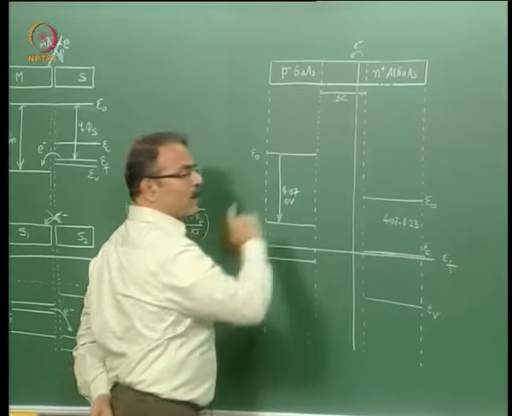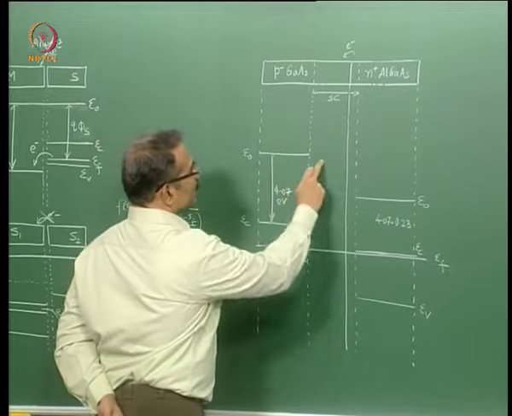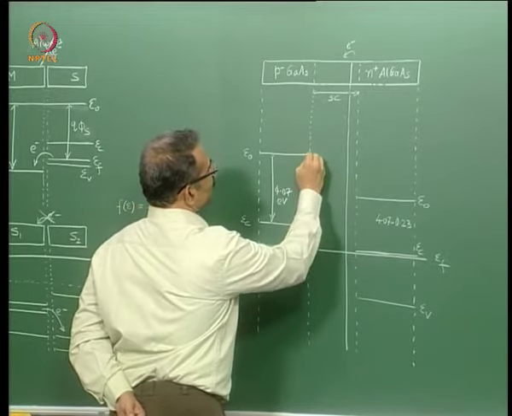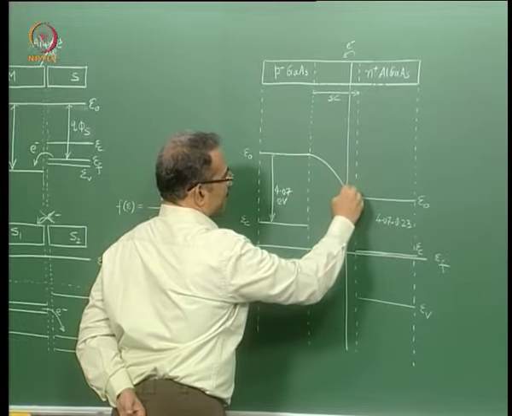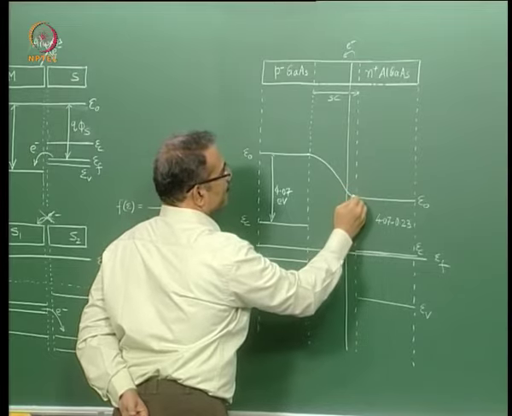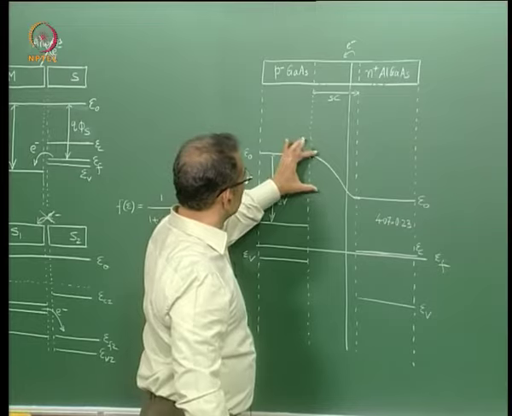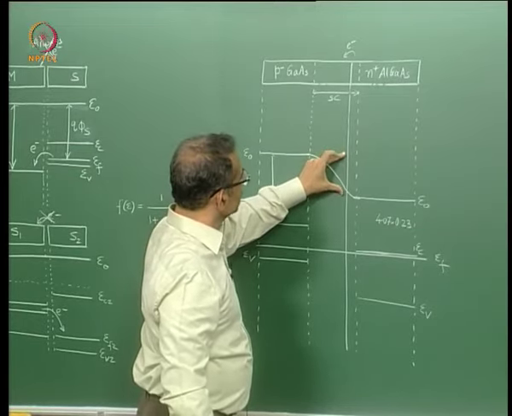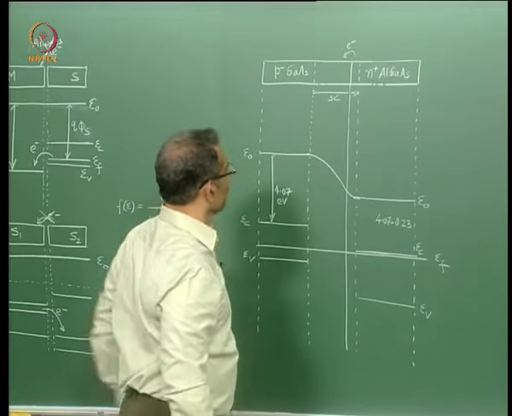Now the E0 should be drawn as a continuous line in between. The exact shape of this is obtained from the solution of the Gauss law or Poisson's equation. So we have taken care of the fact that the potential drop on the gallium arsenide side is much more than the potential drop on the aluminum gallium arsenide side.